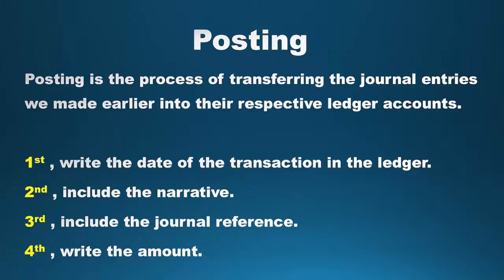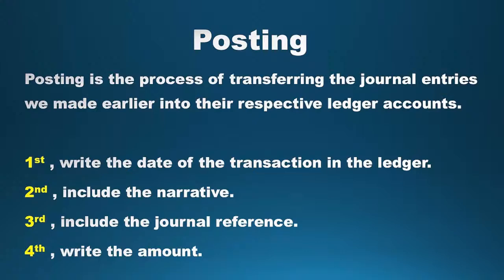1. First, write the date of the transaction in the ledger. This helps us stay organized and shows when the transaction occurred. 2. Second, include the narrative. The narrative explains the purpose of the transaction, so anyone looking at the ledger can understand what happened. 3. Third, include the journal reference.